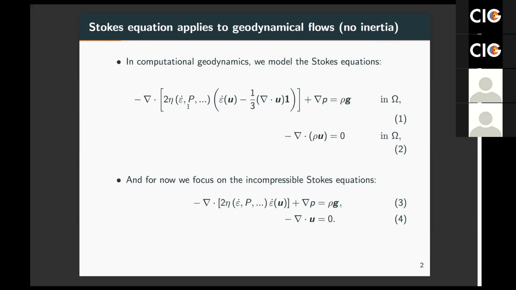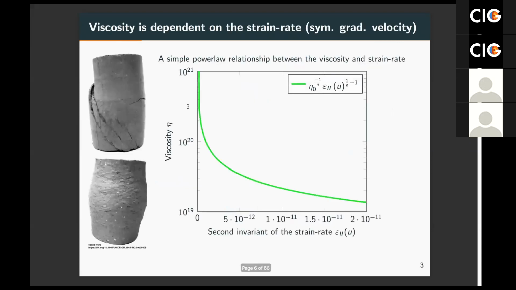But if it becomes dependent on strain rate or pressure or temperature or these kinds of things, then you get all kinds of nonlinearities in there. And we know from rock experiments that rocks can behave very nonlinearly, for example this power law rheology you see here, where the viscosity is on the y-axis and the second invariant of strain rate is on the x-axis. And you see that the material behaves quite nonlinearly.